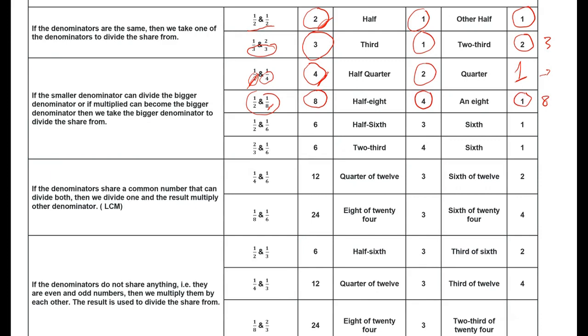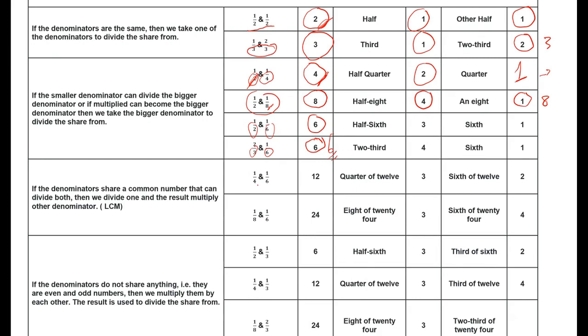And likewise, 2 and 6, the 2 can divide 6, so the total share will be from 6. 3 can go into 6, or can divide 6, so if they are in one case, we use the 6 to divide the cases, so the total share will be from 6.